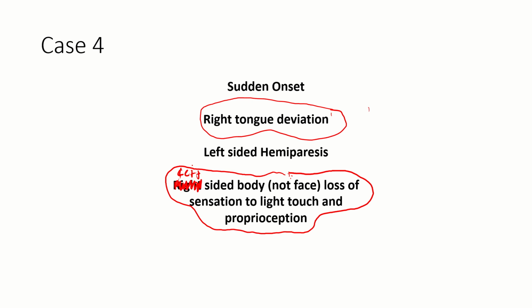All right. So this is left-sided loss of sensation of light touch and proprioception. We know that the medial meniscus is affected here in the medulla. Remember, it decussates in the medulla a little bit lower than this. It's an ascending tract. So it's going to be contralateral. It's going to be contralateral loss of your sensation of light touch and proprioception.